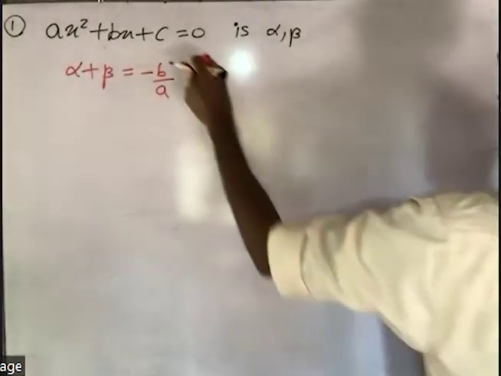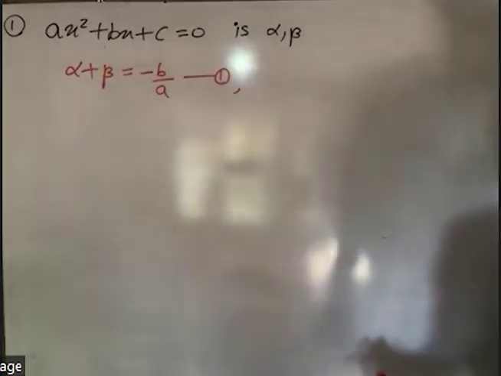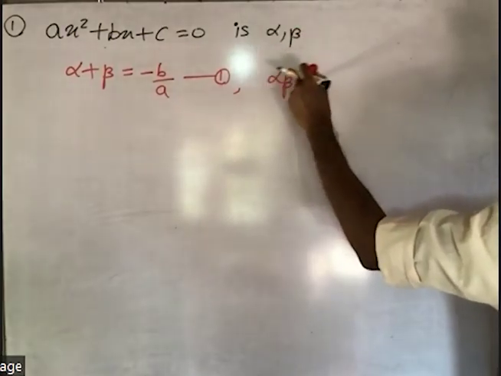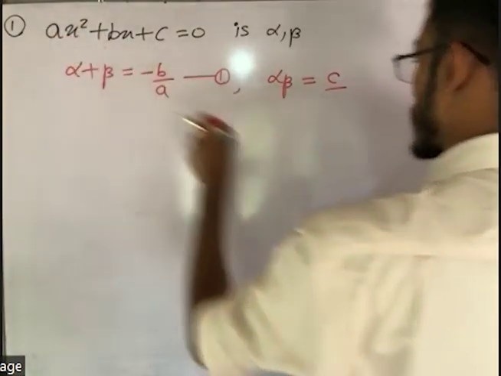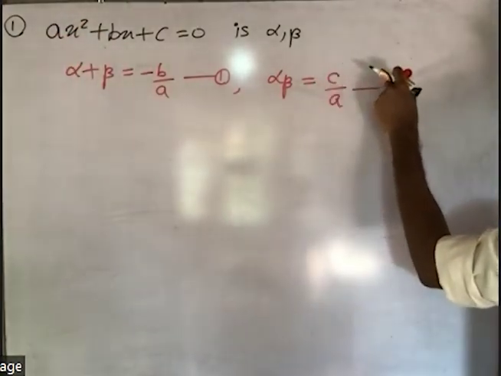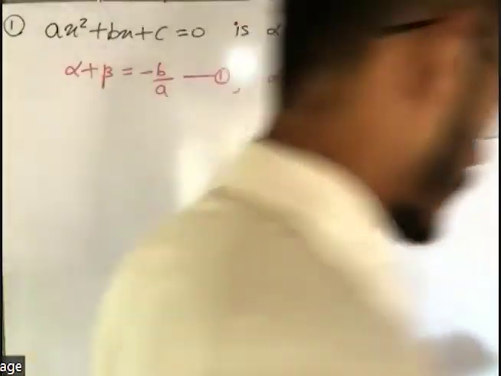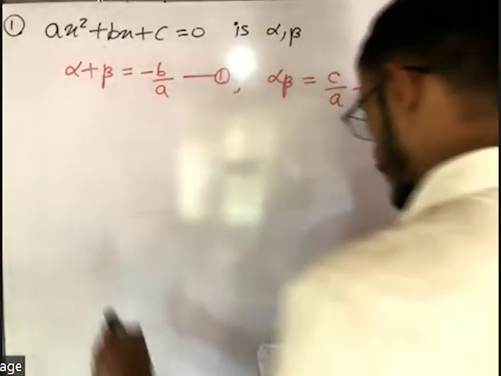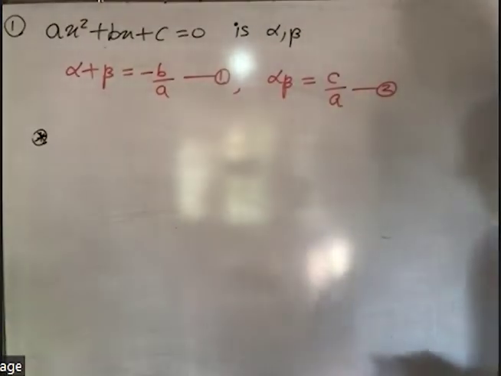I will take this as number 1. Next, product of roots alpha beta, that is equal to constant term c divided by the coefficient of x square term, that is a. I will take this as number 2. Now, using this, we can find the quadratic equation with roots 1 over alpha, comma 1 over beta. Write down quadratic equation with roots 1 over alpha, comma 1 over beta.